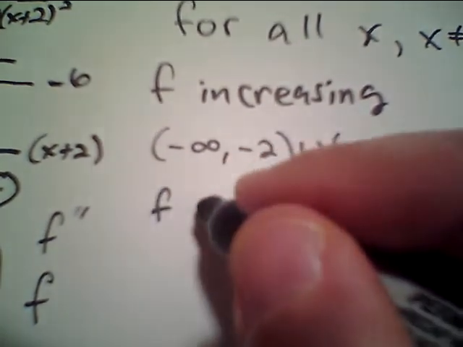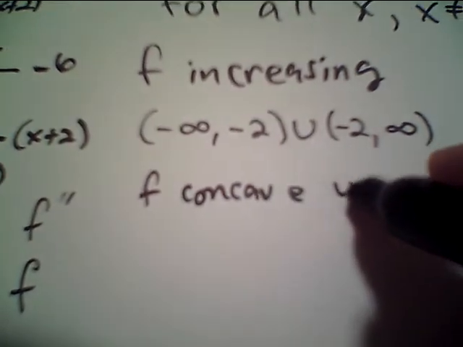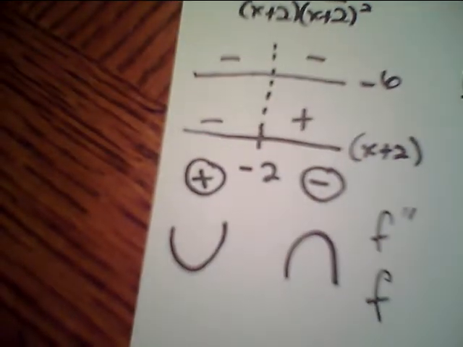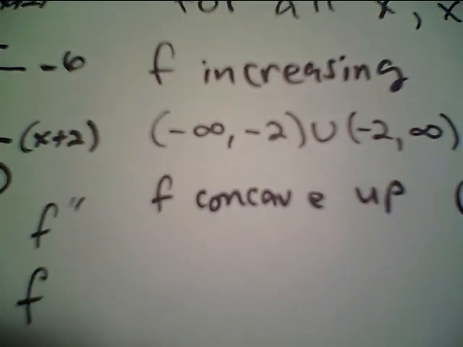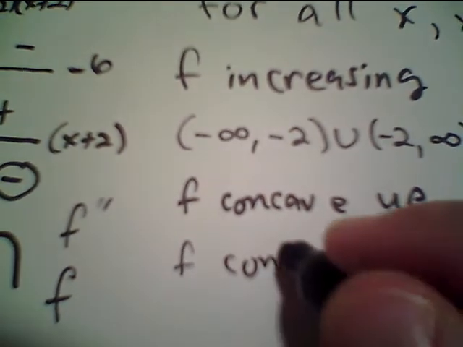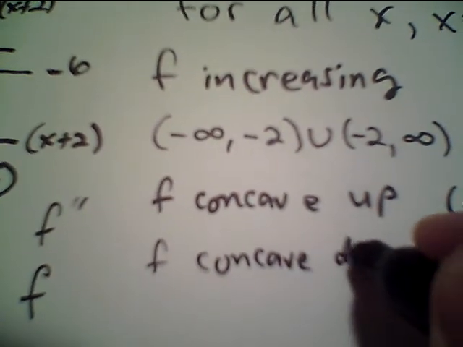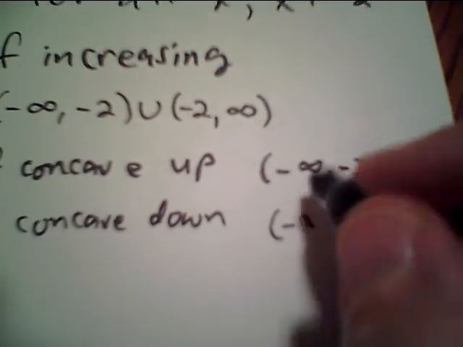And then f is concave up, according to my analysis here, to the left of minus 2. So from minus infinity to minus 2. And f is concave down on the other interval.